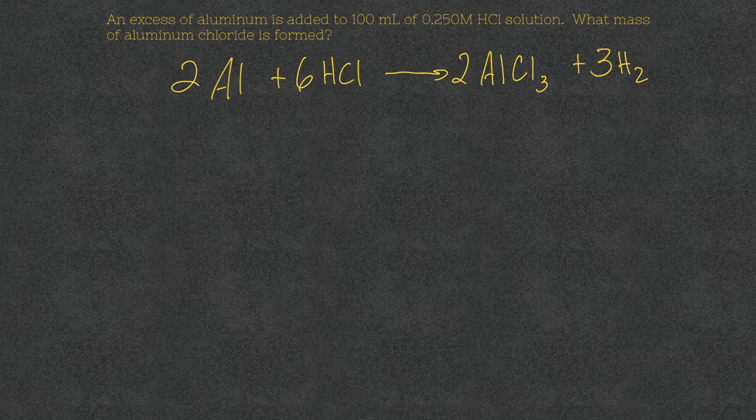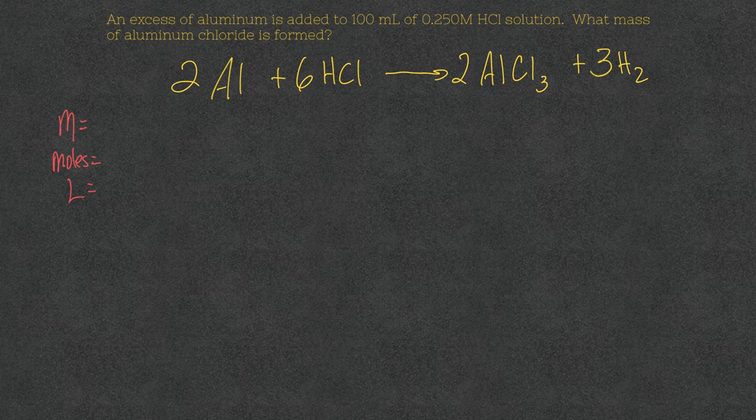So we have to do a molarity problem first before we can deal with anything else. So I am going to just put on the side, organize my thoughts. Molarity equals, moles equals, liters equals. And I'm going to go back to my problem to fill in whatever information I can.